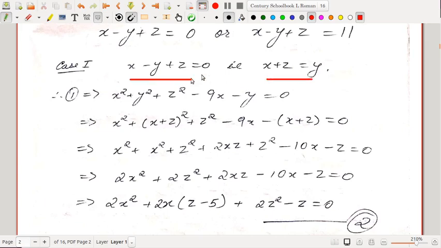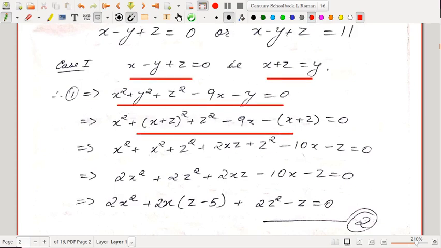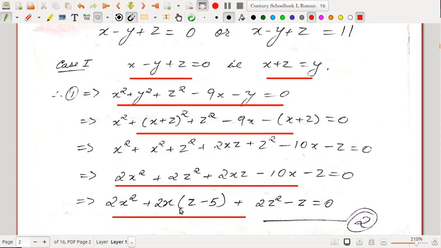So if this happens, then y is actually equal to x plus z. So in equation 1, let us substitute the value of y. We will end up with an equation of this type: 2x square plus 2 times x into z minus 5 plus 2z square minus z equal to 0. We can consider this as a quadratic equation in x.